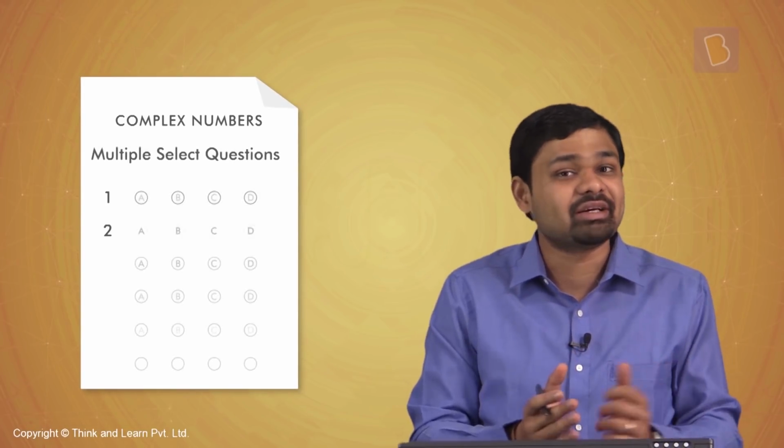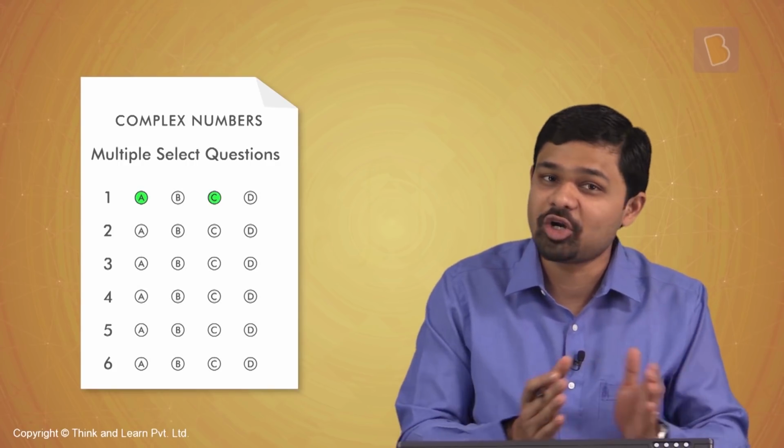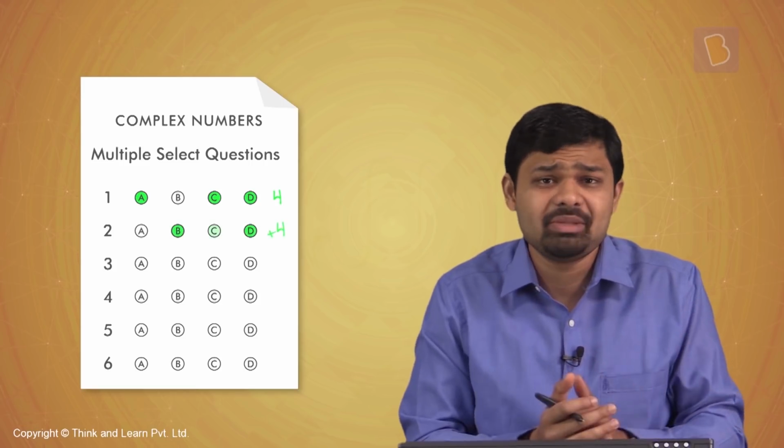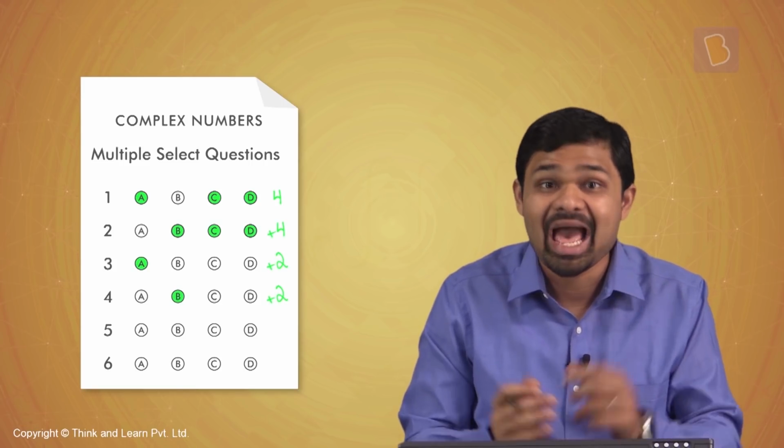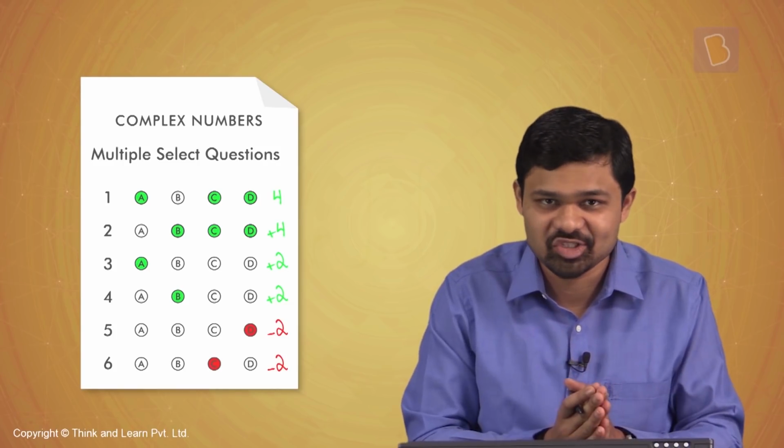So in the paper, we had 3 different kinds of questions in 2018. In the first paper as well as in the second paper, we had 6 multiple correct answer questions, which would fetch you a maximum of 4 marks if you got all the answers correct, or partial marks for some correct answers, and a -2 if you marked even one wrong answer.